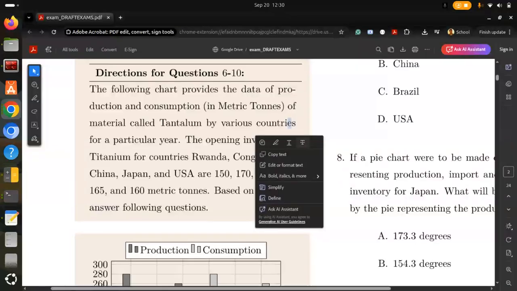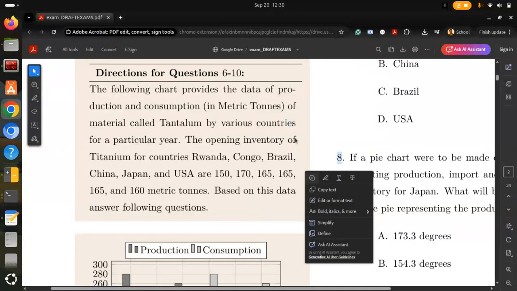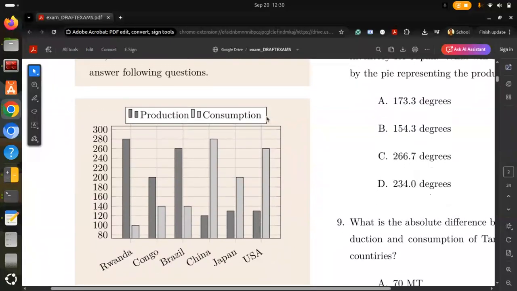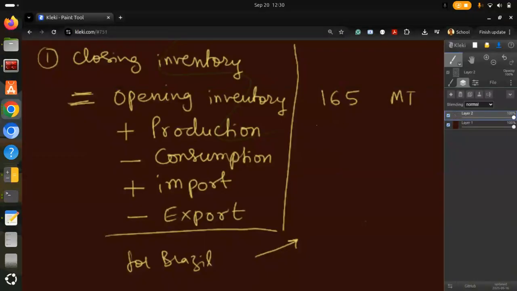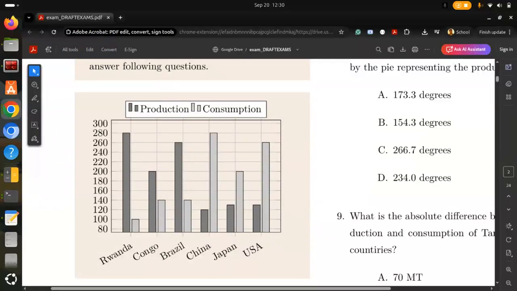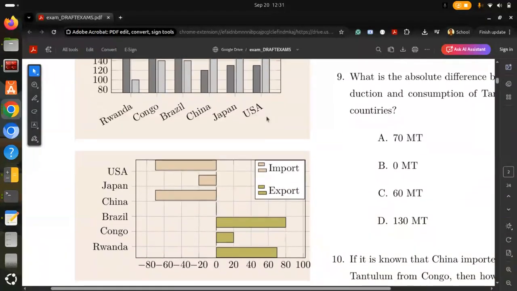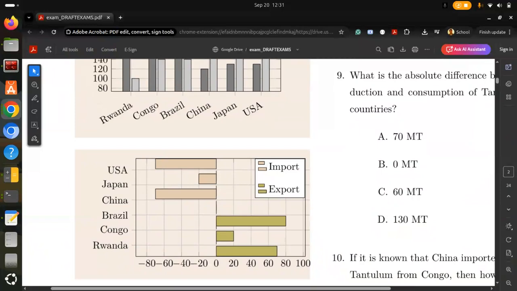How much is the production? That will come from the production and consumption chart. Look at Brazil here, the third country: the production is 260 and the consumption is 140. Now, what about import and export? Brazil is completely an exporting country as per this.